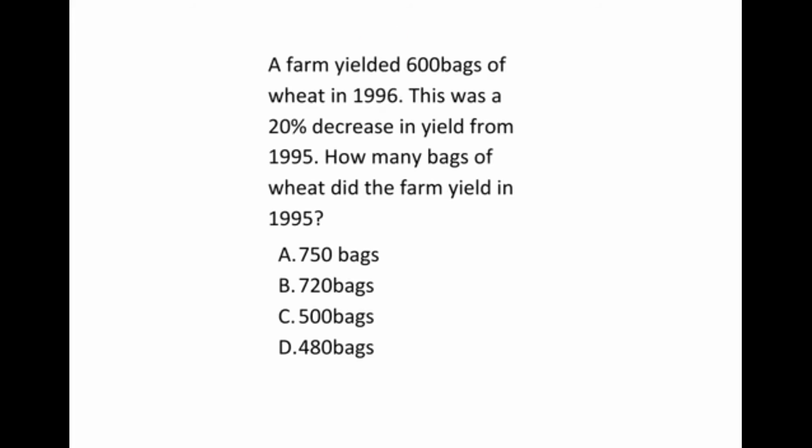Therefore, we have the yield in 1996 is 20% decrease in the yield from 1995. Therefore, we shall take 100 minus 20%. 100% minus 20%, we get 80%.